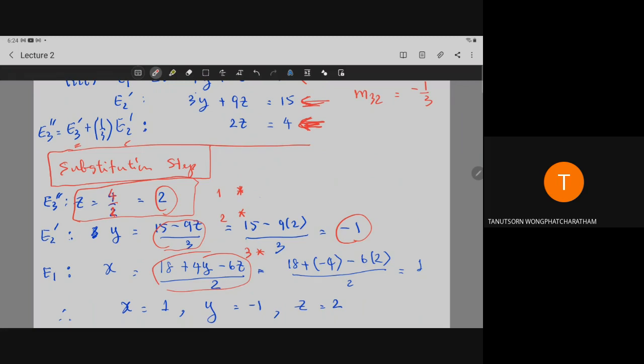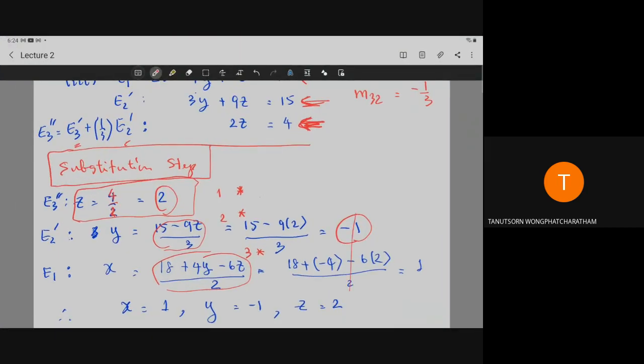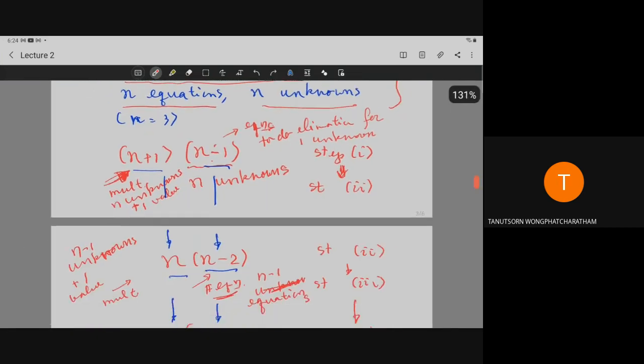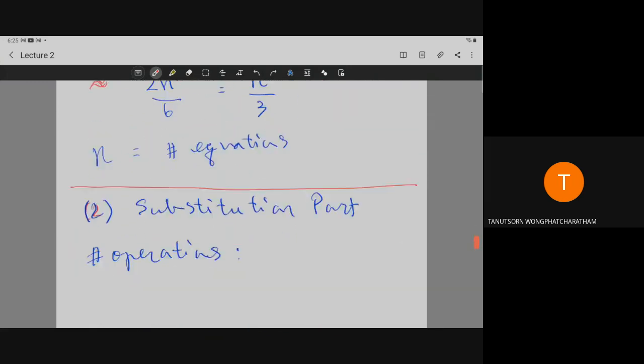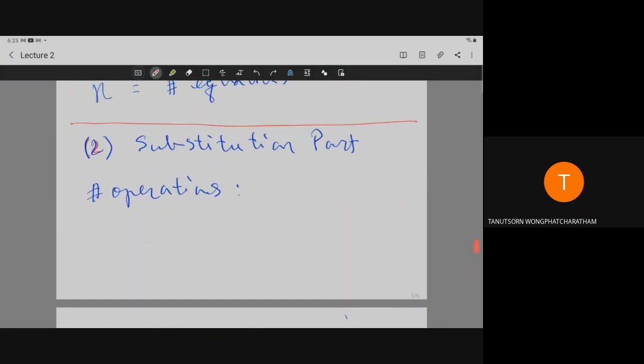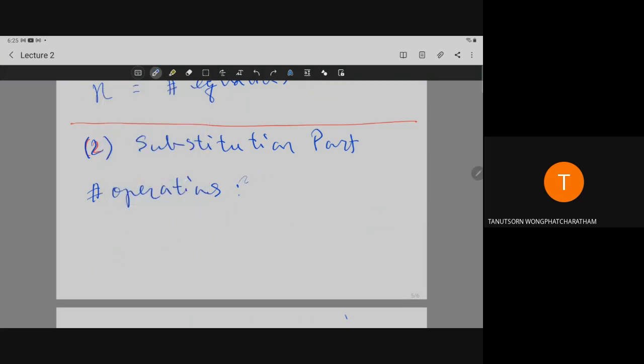So if we have n equations, we have to do the multiplication from 1 time, 2 times, all the way to n times. So in this case, during the substitution part, the number of operations is equal to 1 plus 2 plus 3 all the way to n.